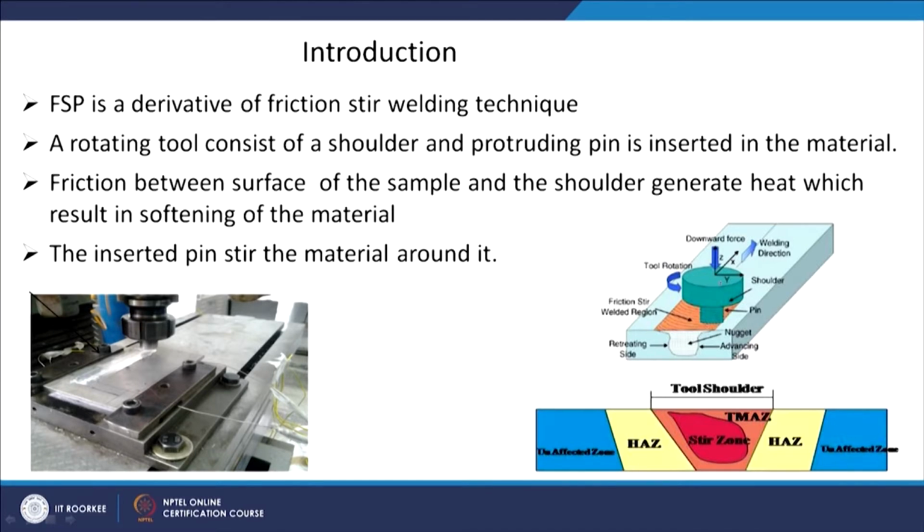And now suppose you have started moving this particular tool at a certain traverse speed. Then the material from the front will be taken back where the cavity is created because of the movement. So, when the tool is moving, it will of course create a cavity behind it. This rotation will take the material from the front and will deposit it at the back.